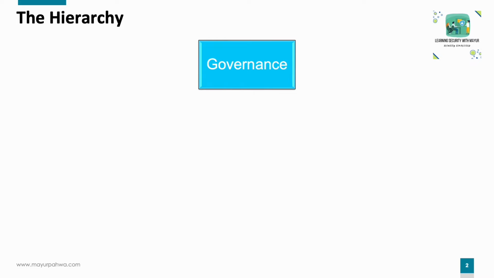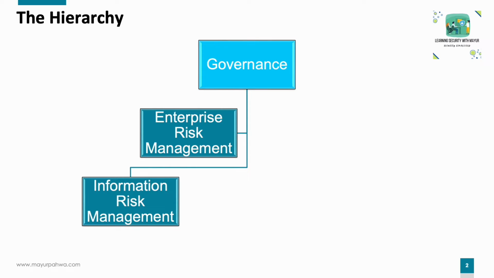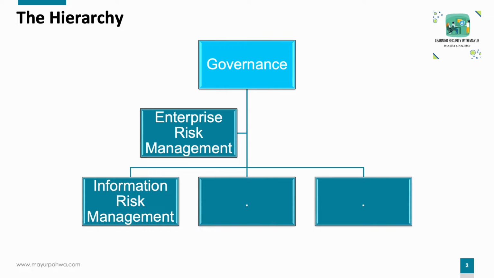A part of this governance is to identify the overall risk an organization faces. That is what is known as enterprise risk management. This comprises all the risks: regulatory, financial, social, personnel, including information security. So information risk management is just a small subset of the overall enterprise risk management, and information security is the tools and practices to manage risk to information.